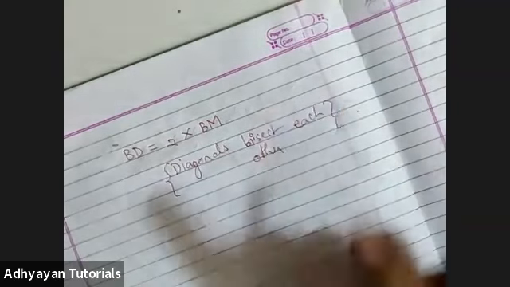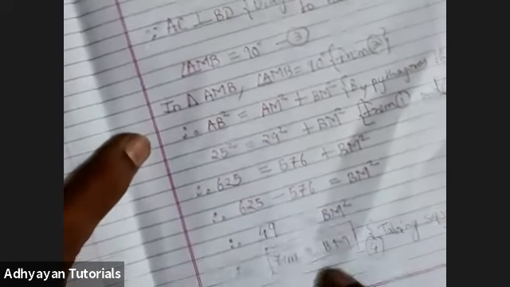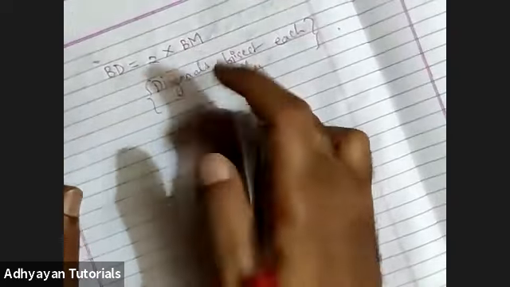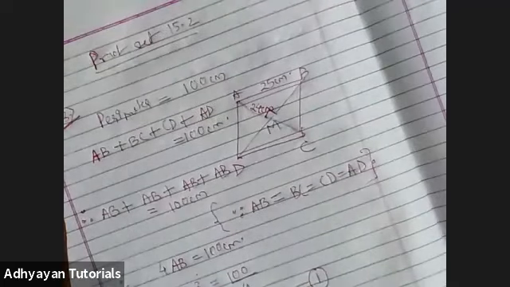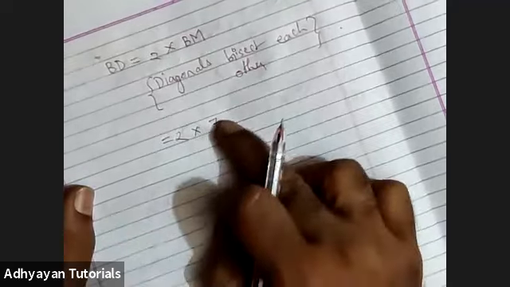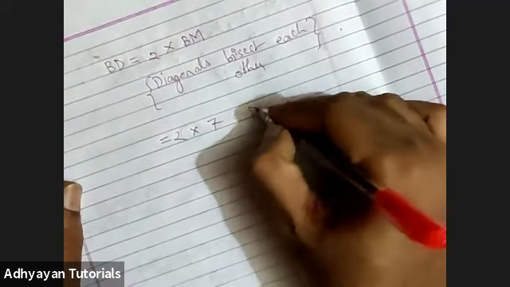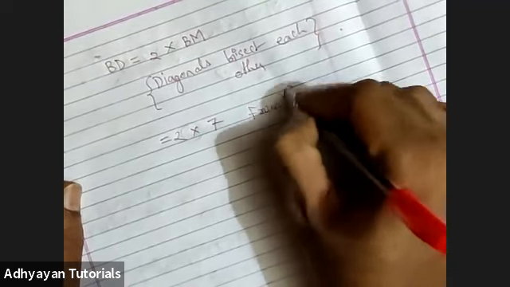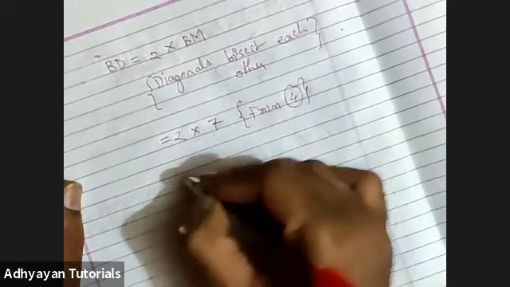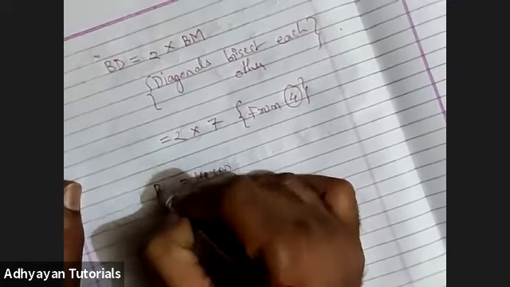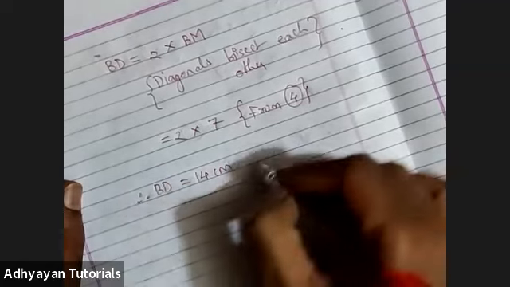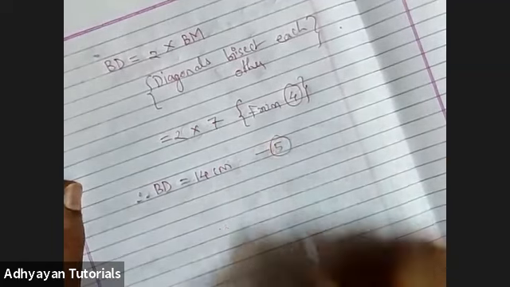Now BM's value was 7, so I'll just substitute it here. 2 into 7, that was equation 4. So from equation number 4, 2 sevens are 14 centimeter. So children, I've got the value for another diagonal. I mark it as equation 5.